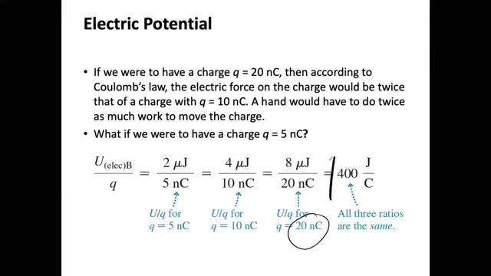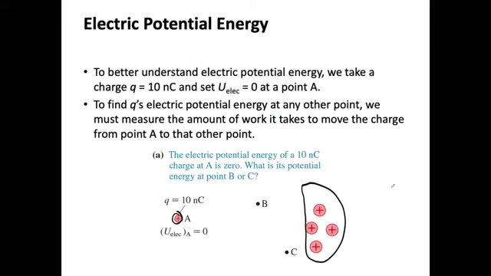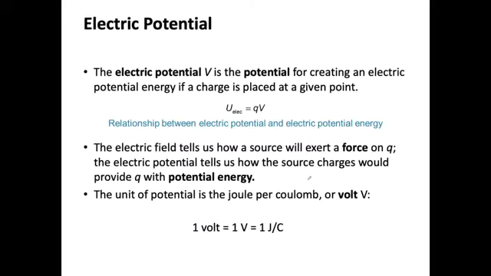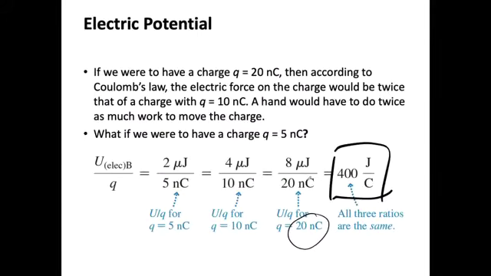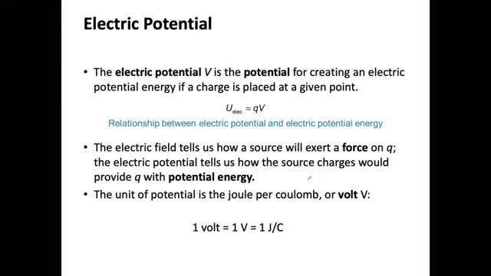It's always 400 J/C to B. So it seems between A and B there is a constant, and this constant is created by the distribution of charge here, even though we don't know the position of each individual charge. This quantity, the electric potential energy, we can also call the change of electric potential energy from A to B, right? Divided by the charge Q, it is the potential difference between point A and point B.